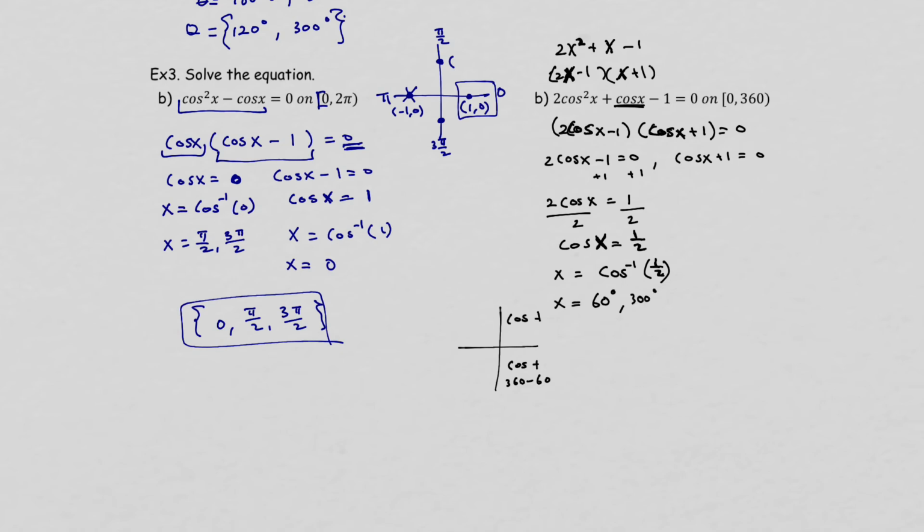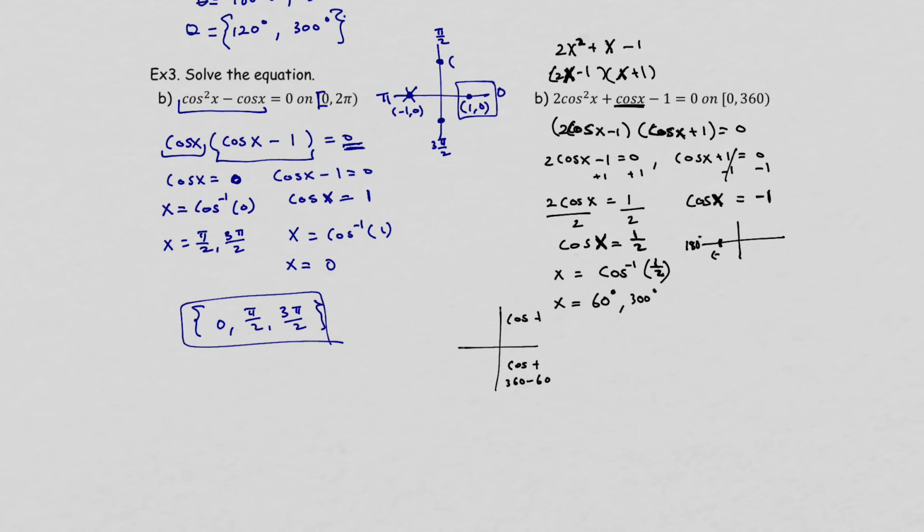And for the other one, you subtract 1 from both sides of the equation. You get cosine x equals -1. This means which angle gives you a value of -1? Cosine is the x value. When the x value is -1, it is this point right here, which is at 180 degrees, right?